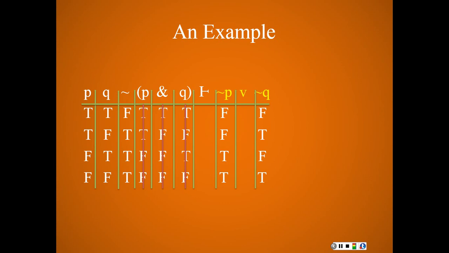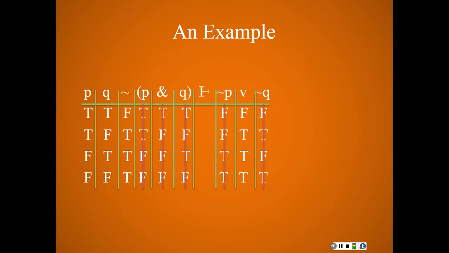A disjunction is false in only one kind of case, namely the case in which both the disjuncts are false. The only place that occurs here is on the very top row, so everywhere else this disjunction is true.